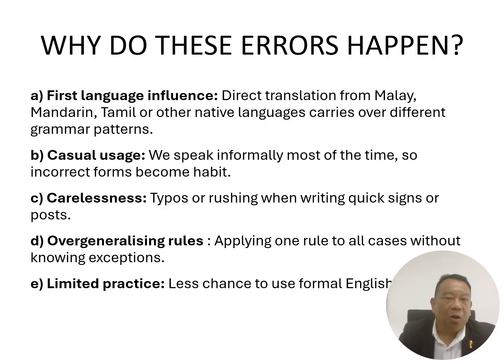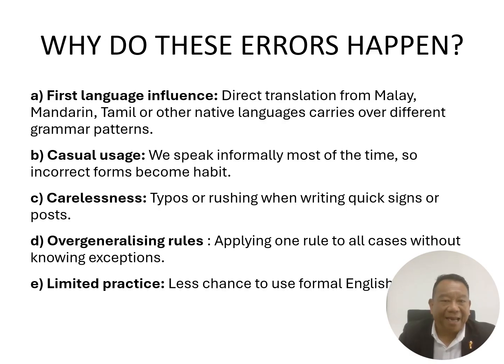The next one is, why do these errors happen? The first is first language influence, because of direct translation from Malay, Mandarin, Tamil, or other native or local languages, which carries over different grammar patterns. Number two is casual usage. We speak informally most of the time, so incorrect forms become a habit.